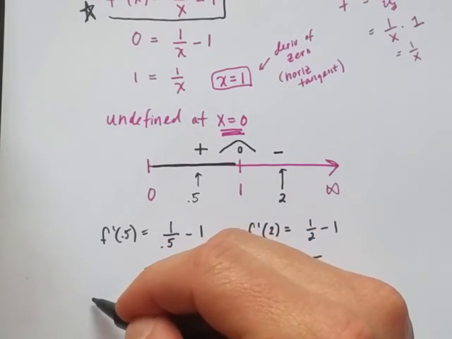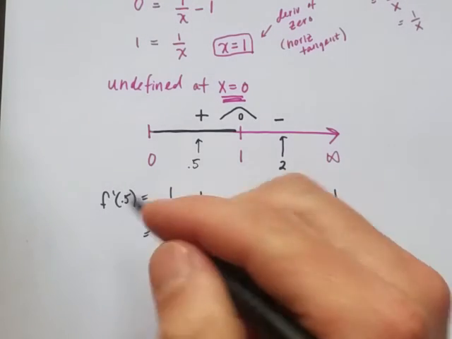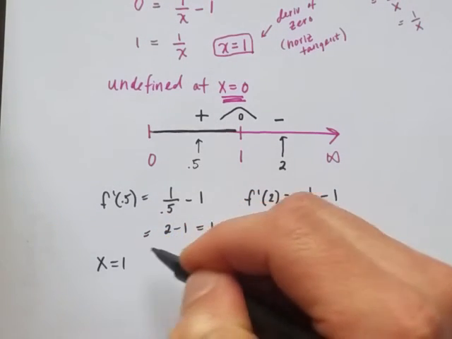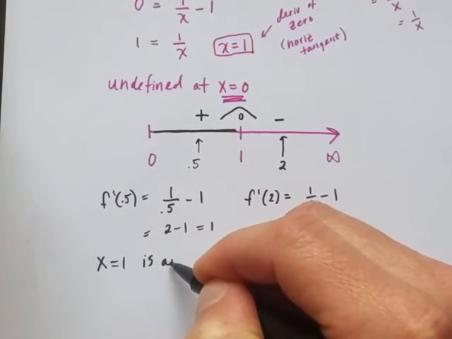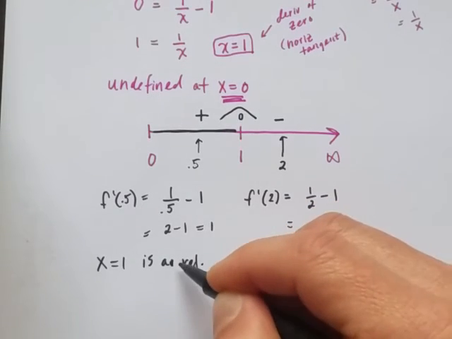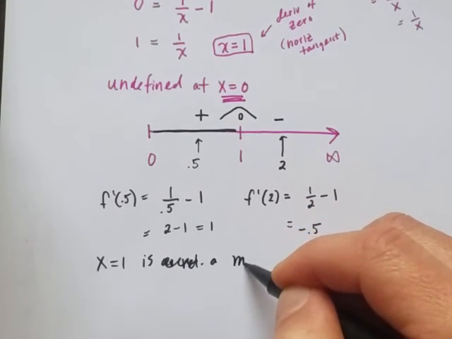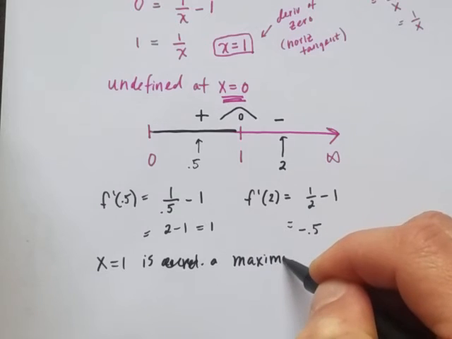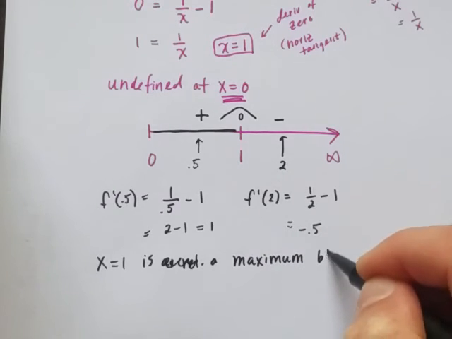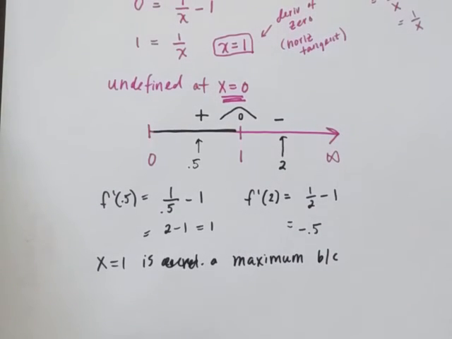So to justify our answer here, we would say x equals 1 is a relative, or we could just say is a maximum, because, and what would be my reasoning here?